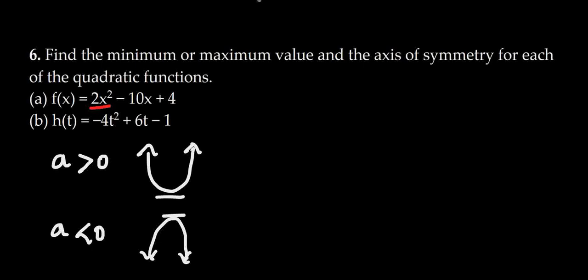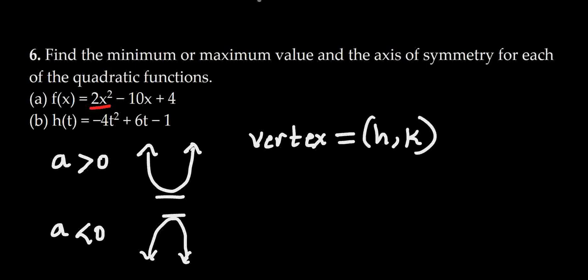Now, to find the actual value, we are going to make use of the vertex, the coordinate of the vertex. And the coordinate of the vertex is the value of h and k. Now, recall that the formula for finding the value of h is negative b over 2a.